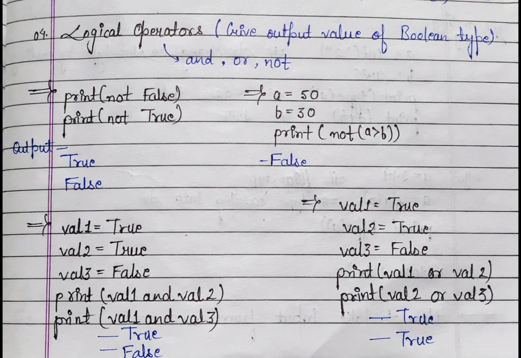So the output of true or true is true, as we have learned before. The next line val2 or val3, which means true or false, will also be true, because I have said before that if even one value is true, then the OR operator will give the output as true.